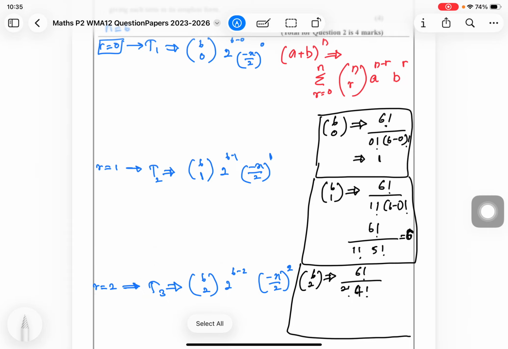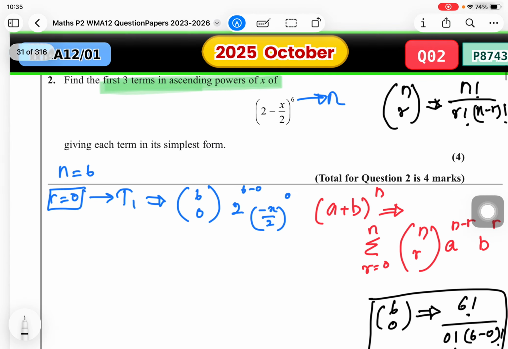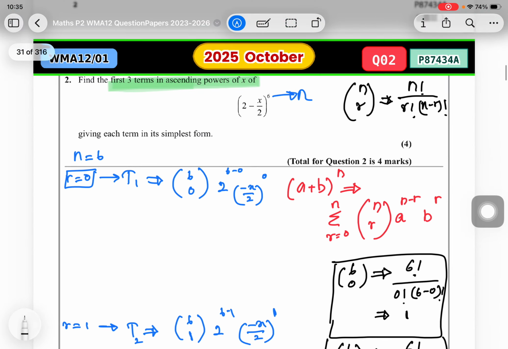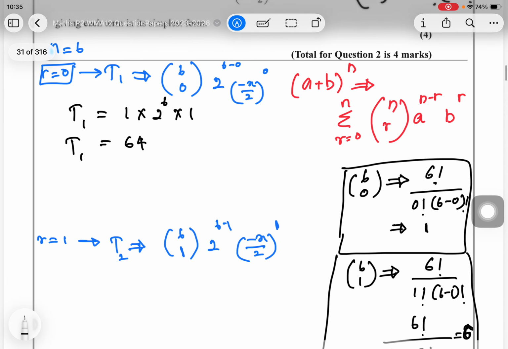Now for this one, we have the first term, so we know 6C0 was 1. So T1 is going to be 1 times 2 to the power 6. So that will give us T1, the first term, which is 64.